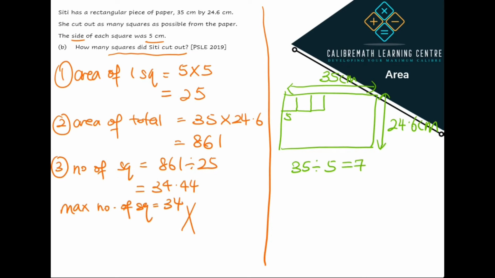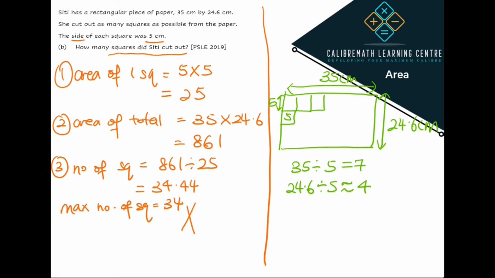And then we do the same for the breadth. Since this is also a square, the breadth will be 5 cm too. So we want to find out how many 5 cm squares she can cut out for the breadth of 24.6. We can use 24.6 divided by 5, and that gives you a maximum of 4.